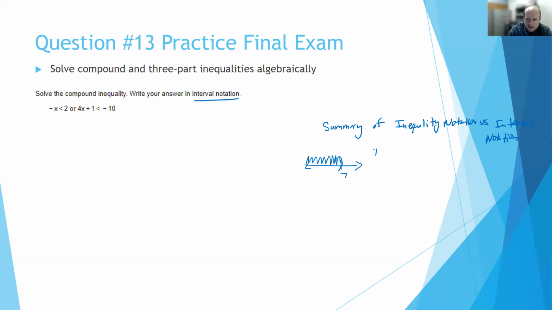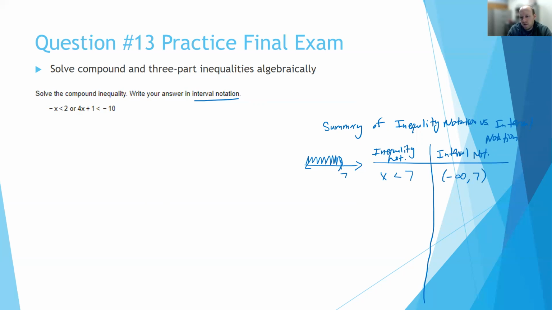Your inequality notation of this versus your interval notation. Well, your inequality notation would be x is less than 7, but your interval notation would be negative infinity to 7, with a parenthesis to the left of negative infinity and then a parenthesis closing it off.